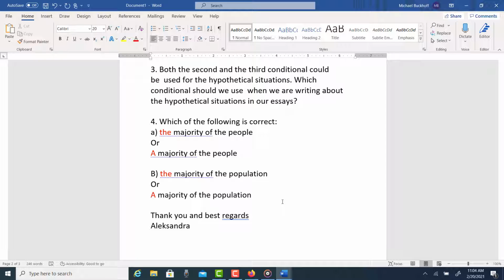Is the information already established and does it refer to something already mentioned? If the answer is yes, then you say the majority. If you're bringing it up for the first time, you'll say a majority of the population. So what you can do there to learn more about A and the, you can go to the grammar part of my course and study what's called articles, A and the.